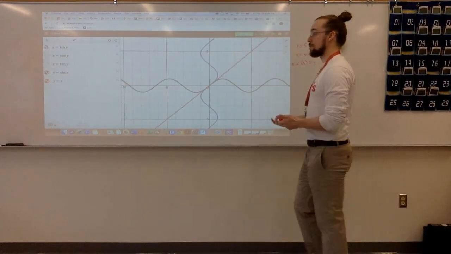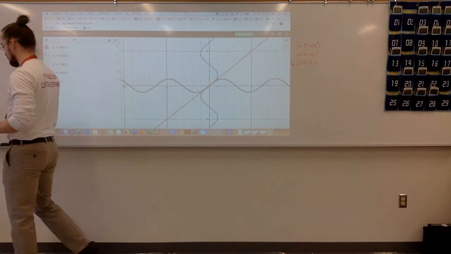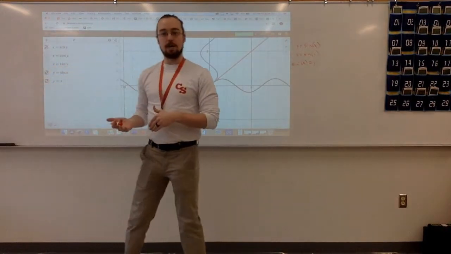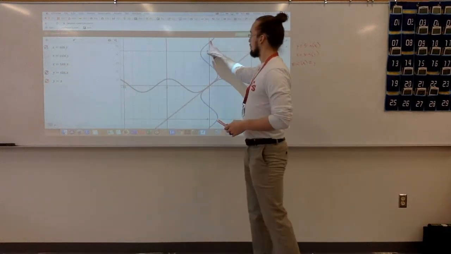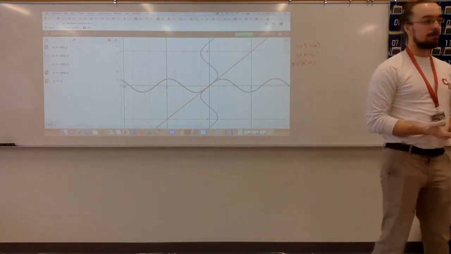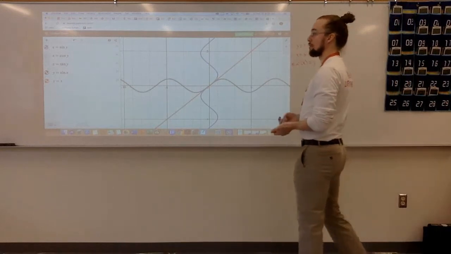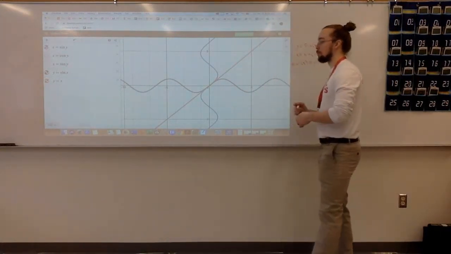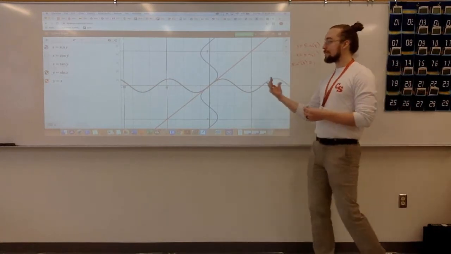Another thing that we did last semester was the difference between a function and not a function. So the big one, it has to pass the vertical line test. Obviously, this blue function here does not pass the vertical line test. So it's not a function. The way that we get around that is we restrict what piece we're looking at.